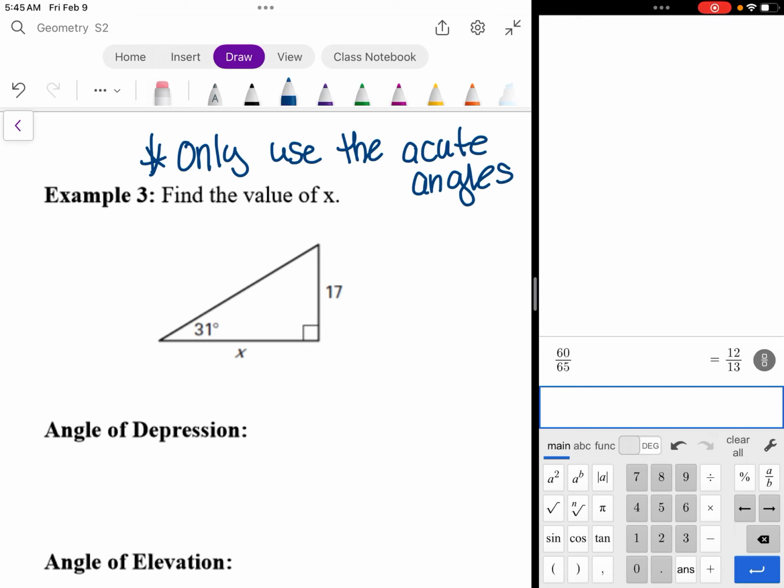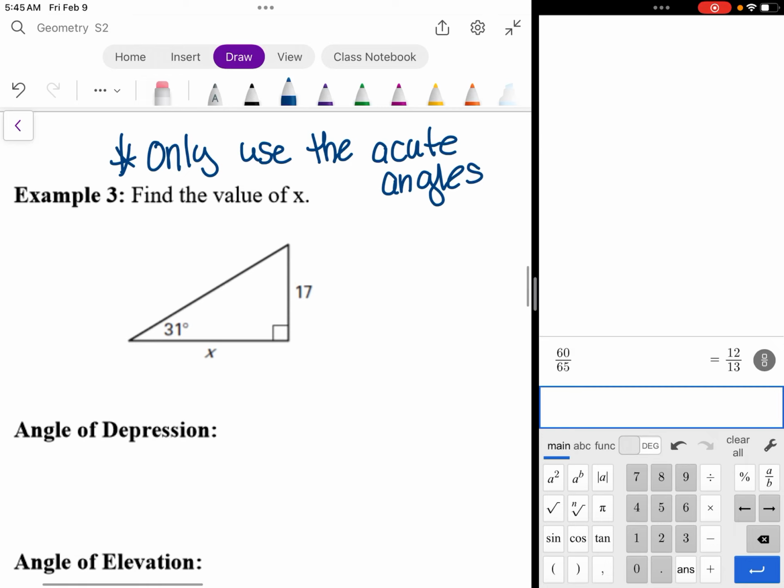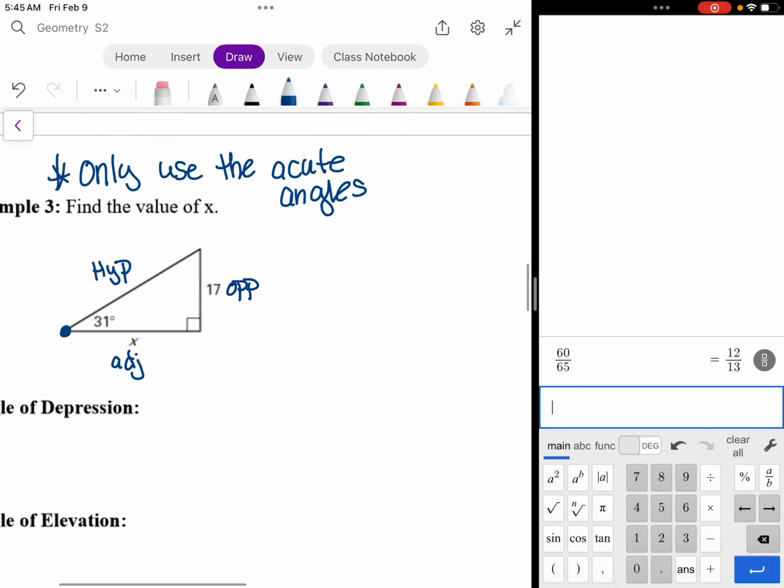So we're never going to use the right angle as a reference point. And in this one, our reference angle is going to be 31 degrees. And if this is our reference angle, the 17 is the opposite side, and the x would be our adjacent side. You can label your hypotenuse, but in this problem, we were not given that length, so we're not going to be able to use that one.